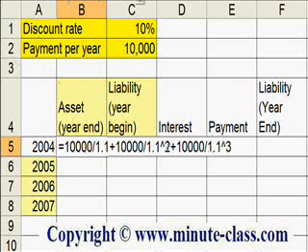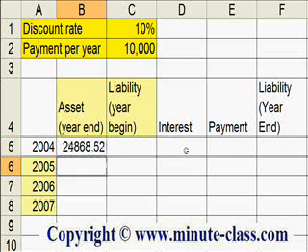So this discounts the payment of the first year, second year, and third year. And this gives us 24K. This is the asset at the beginning of 2005 or the end of 2004. And this will be the liability at the beginning of 2005 also.